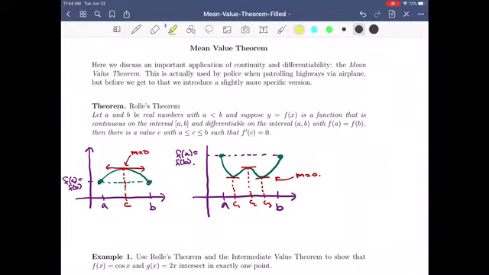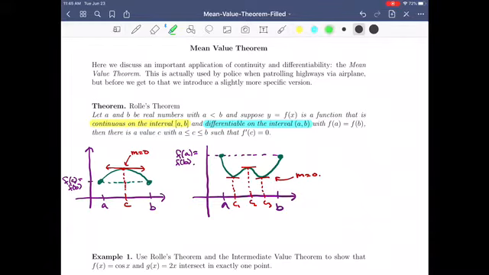The first one is that it's continuous on the closed interval from a to b. It's differentiable on the open interval from a to b. Continuous means there's no jumps, no asymptotes, no holes in the interval. Differentiable means that you're continuous, but there's no sharp turns, there's no vertical tangent lines.